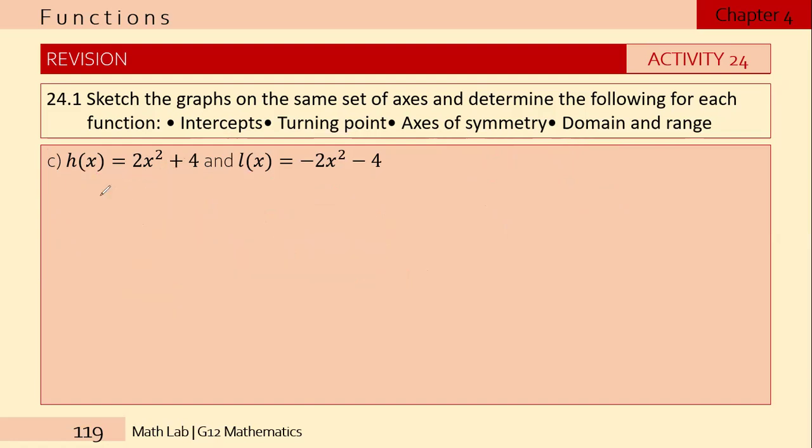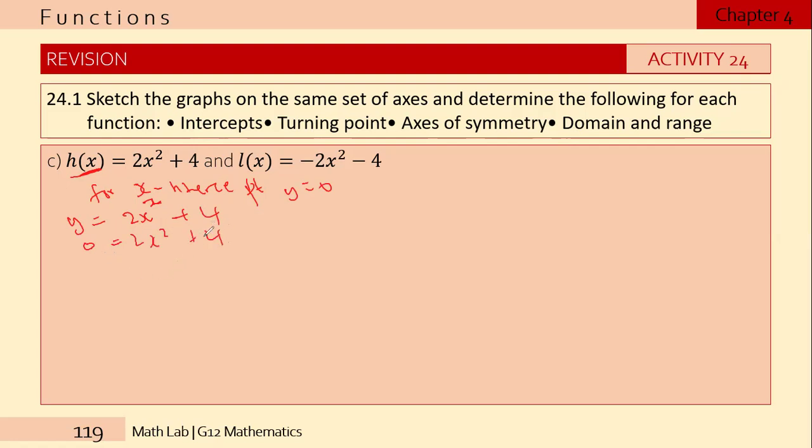So for the x-intercept, y equals 0. So it means y equals 2x to the power of 2 plus 4. So 0 equals 2x squared plus 4.